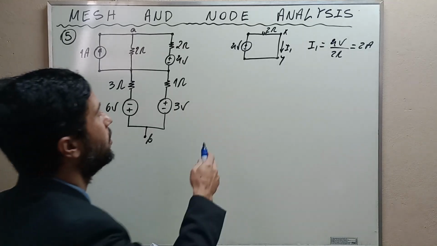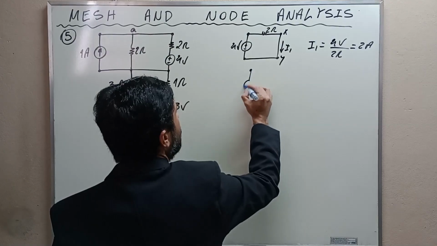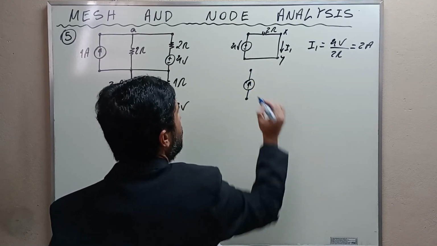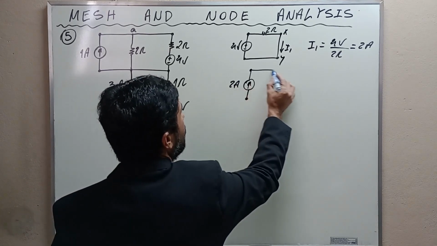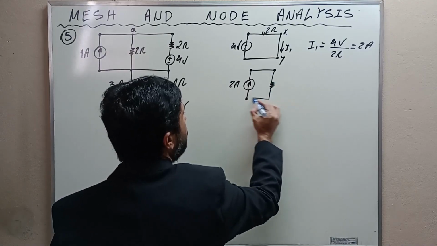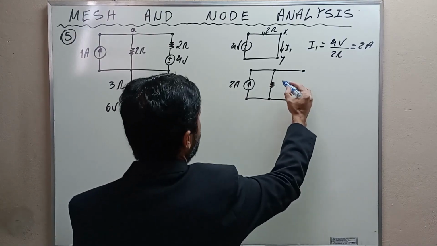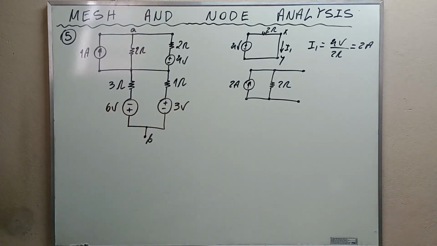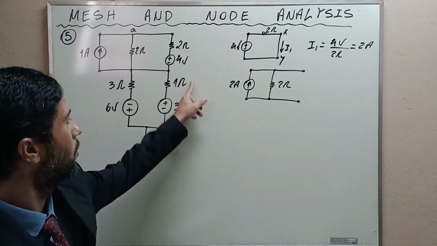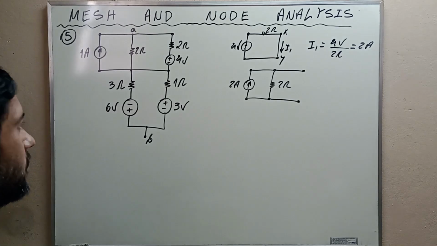Thus, this circuit can be remodeled as a current source of 2 amps with the resistance two ohms, okay? We're going to use it. Next, we convert this voltage source into a current source as well.